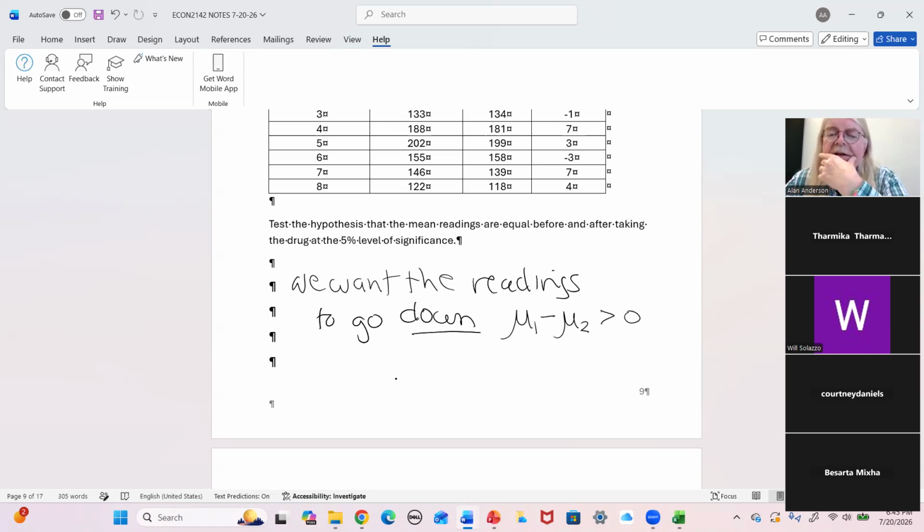So we're going to find out whether the drug is working by testing this as a right-tailed test. Although it sounds backwards, we want the readings to go down, but it's a right-tailed test because the way the difference is defined, a lower mean for the second population means that this goes up. The difference is positive.